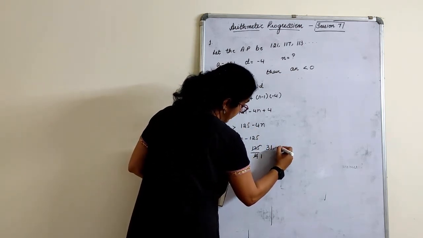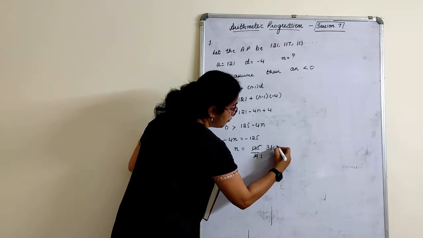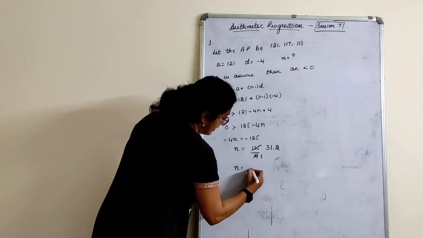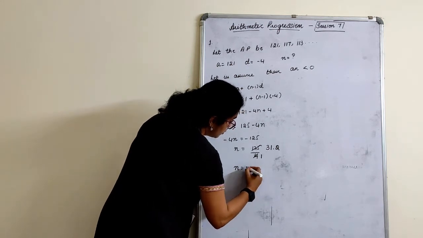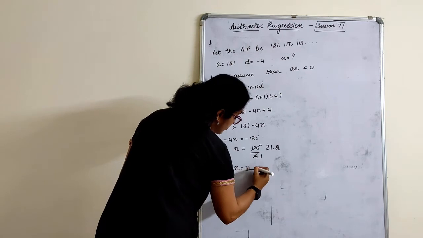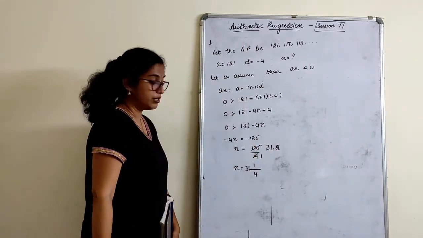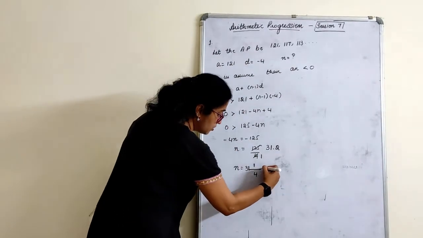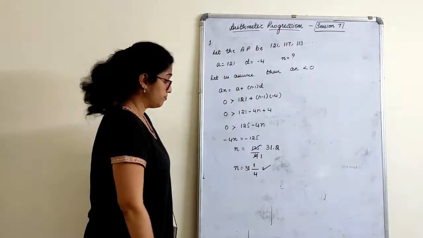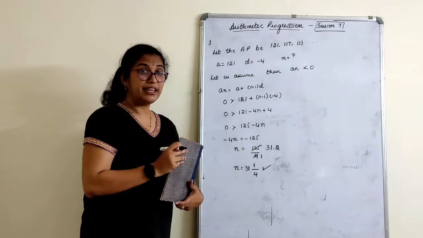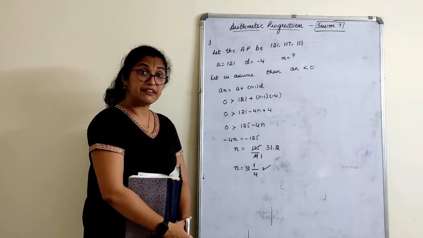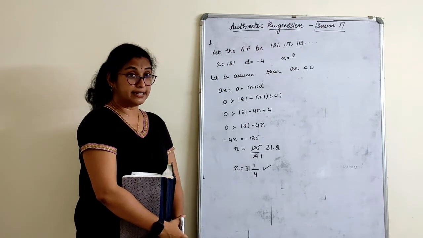So n is 31 and 1 by 4. Can we get an answer like n is equal to 31 1 by 4 or 31.25? No, we cannot get that, right?